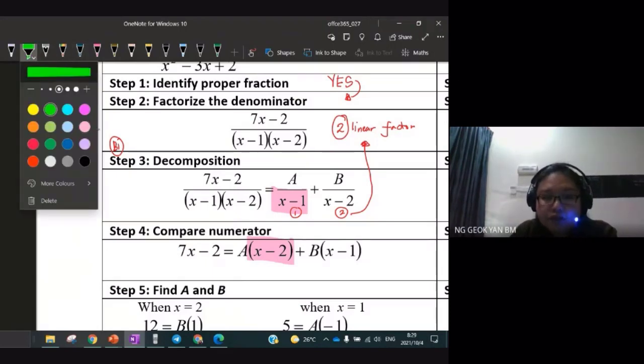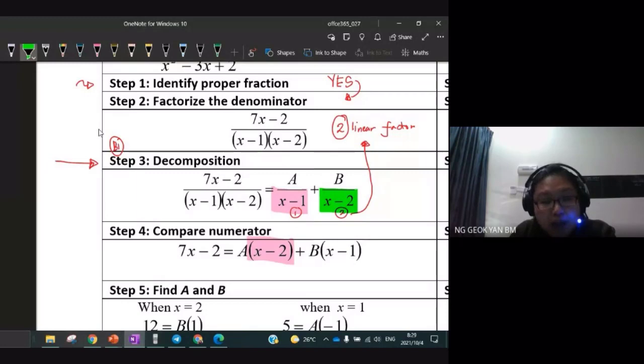Okay, so now B. B already has X minus 2, so it means it is missing X minus 1. Simple. Okay, so step 4, compare the numerator.